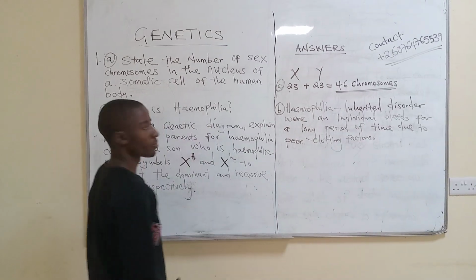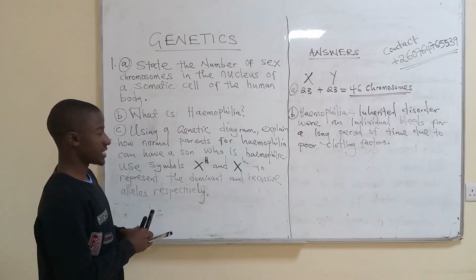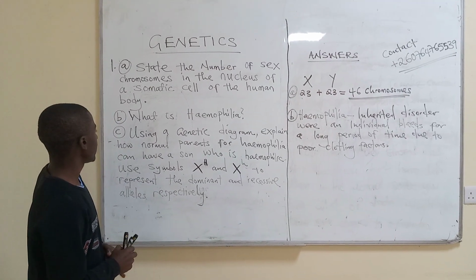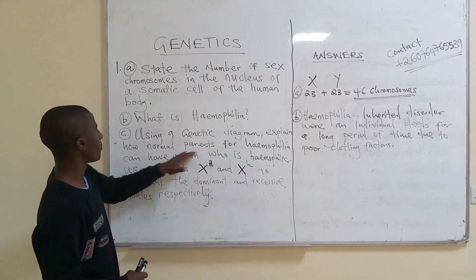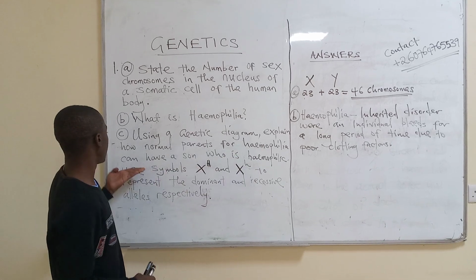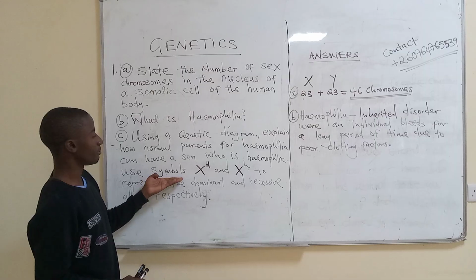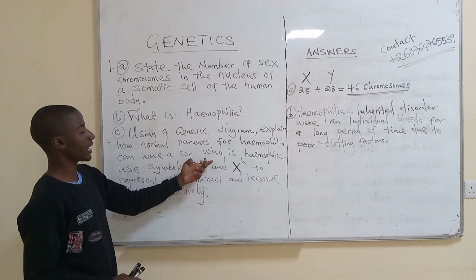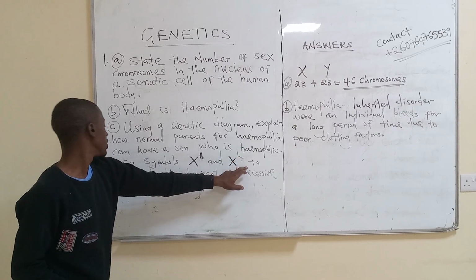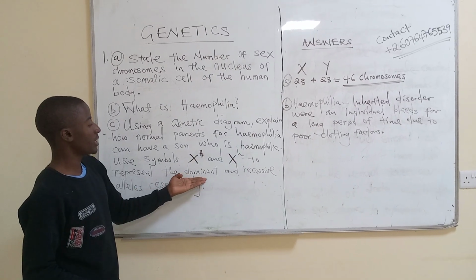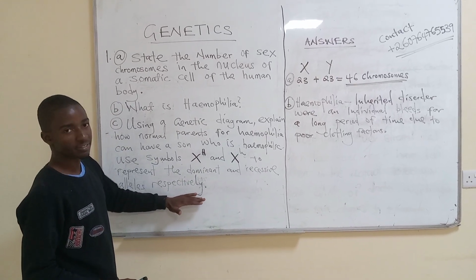So we proceed to the third question, that is C, where they are saying, using a genetic diagram, explain how normal parents for hemophilia can have a son who is hemophilic. Use the symbols X to the power capital H and X to the power small h to represent the dominant and the recessive alleles respectively.